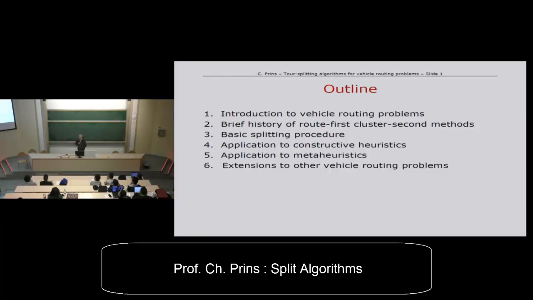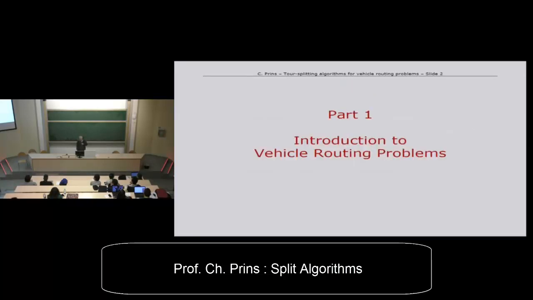Then the basic splitting procedure, which is reused in more complicated algorithms. And we will see an application to constructive heuristics and another one to a metaheuristic. And if I have time, we will see how to handle more complicated constraints in other vehicle routing problems.